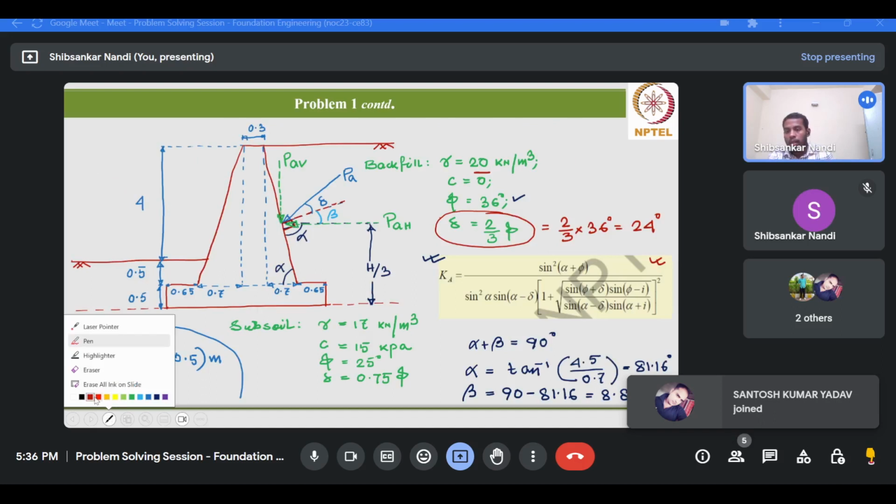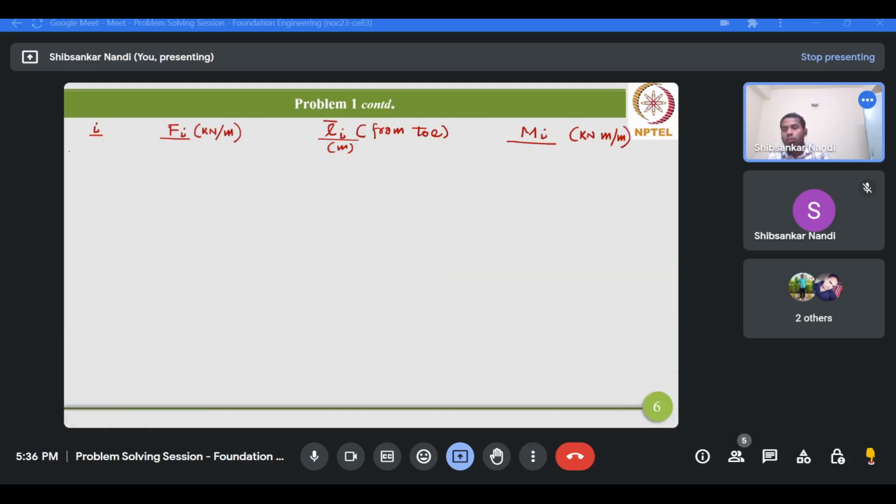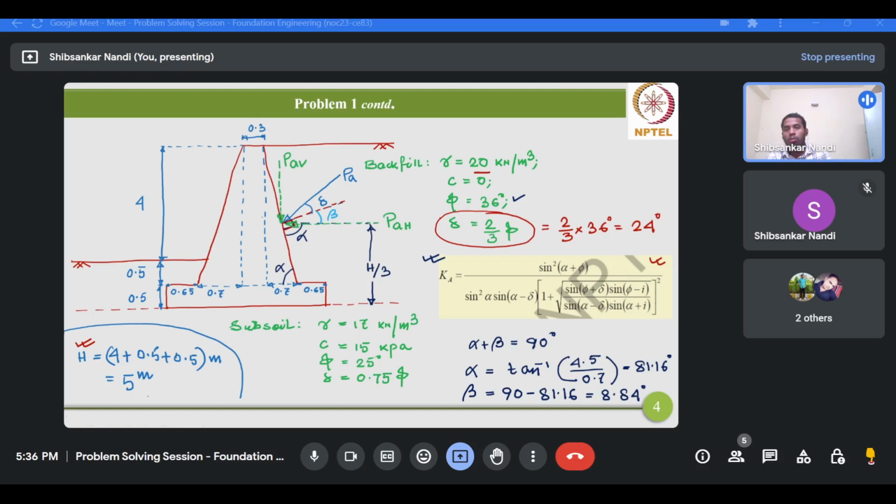First we'll consider the resisting moment, so first the resisting part. Now what are the components that will give you the resisting moment? The weight of the wall will give the resisting moment.